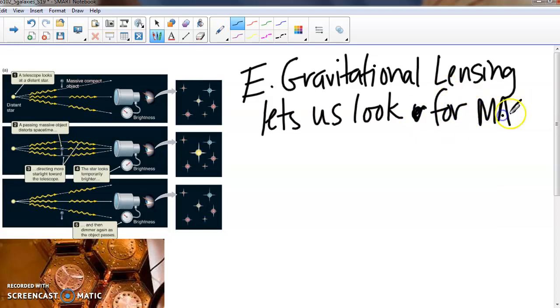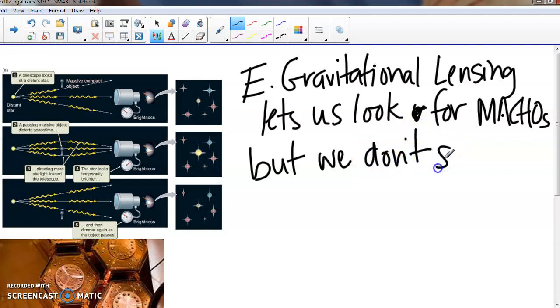Lets us look for MACHOs, but we don't see them. Okay, we found a few, but we don't see 90% of the galaxy's mass worth. We don't see enough mass.